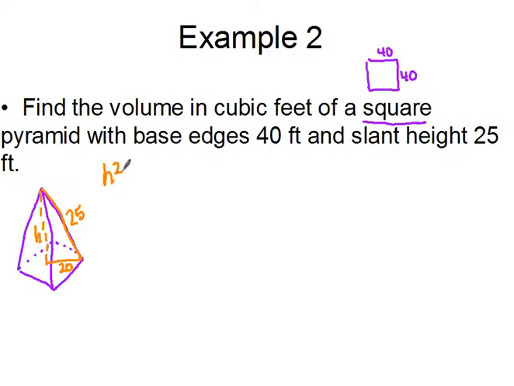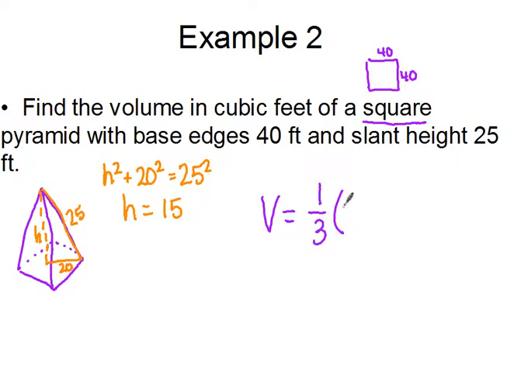So you do H squared plus 20 squared equals the slant height squared. Okay, and we do some math there. Do your Pythagorean theorem. And you get the height to be 15. Okay, so now we can do volume equals 1/3 area of the base, so that's 40 times 40, times the height that we just found.